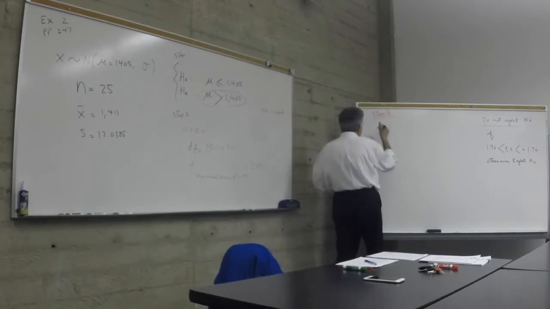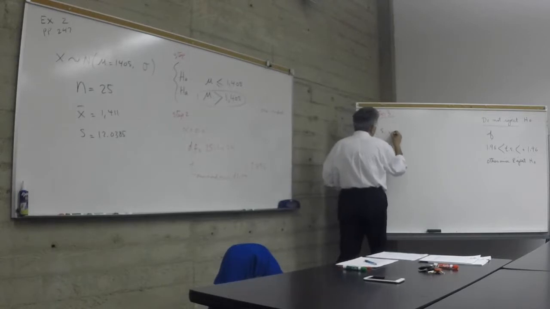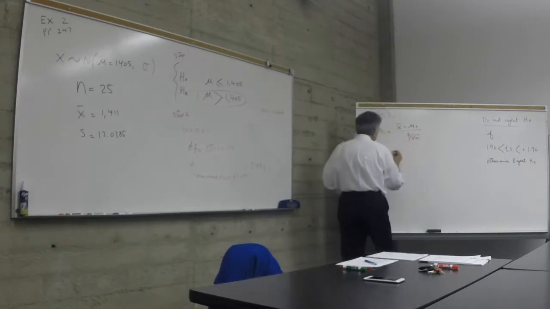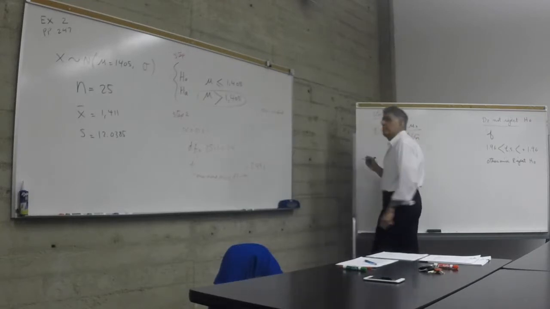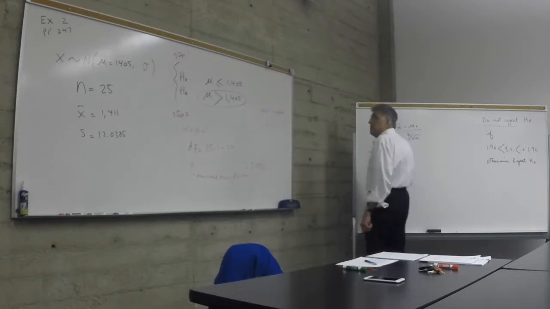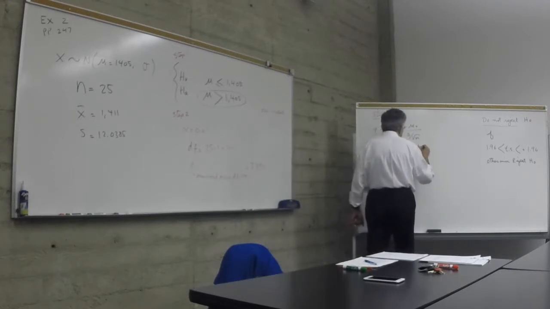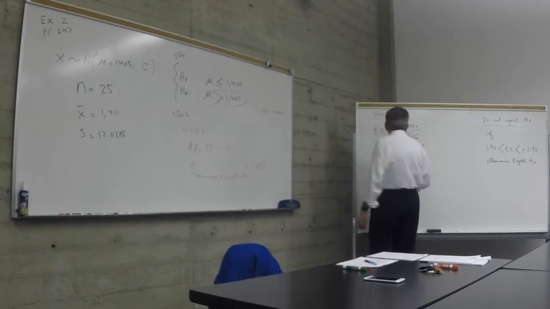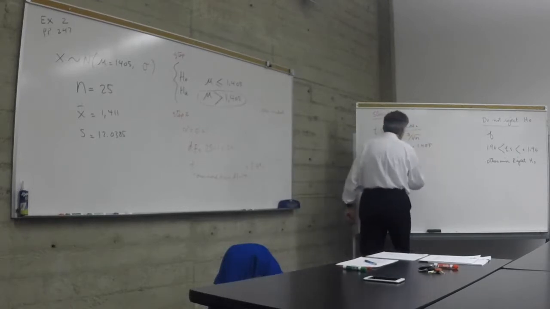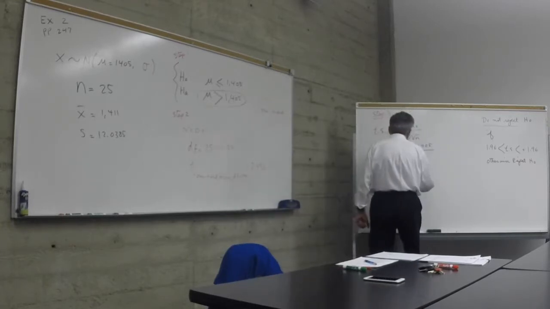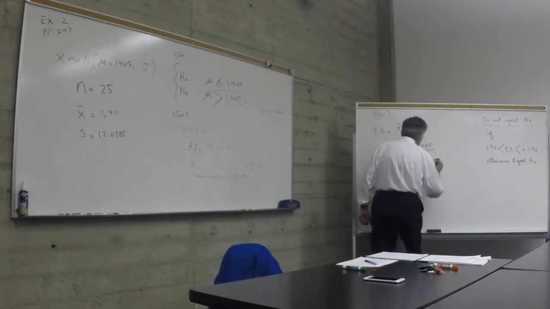The test statistic is going to be x bar minus mu naught over s over square root of n. So it's going to be 1411 minus 1405 divided by s, which is 12.0385, divided by square root of 25.